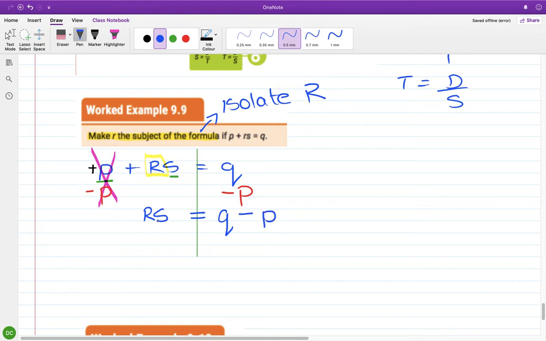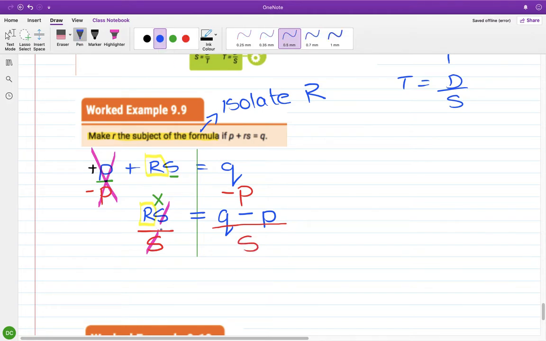So I'm still trying to get that r. Two letters stuck together like that, what's going on between them? They're being multiplied. So that is r multiplied by S. At the moment the r is being multiplied by the S. I want to get rid of the S, so I need to do the opposite of multiply, which is divide by S. That will get rid of my S's, but if I divide by S on the left, I'm going to have to divide by S on the right.